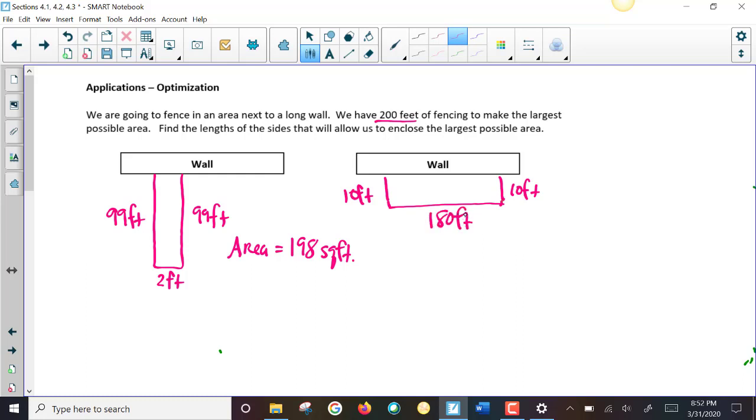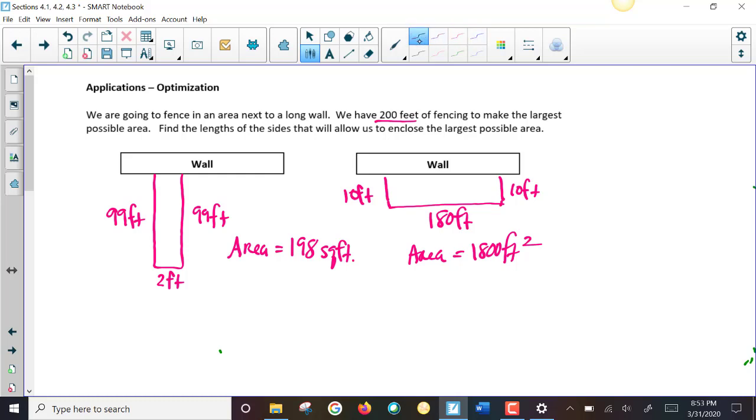So this region here, the area would be 180 times 10, which is 1,800 square feet. We can write it like that. Okay, so we could sit and guess and check and play around all day, but we need a way of getting to that exact value. It may not be a nice number.